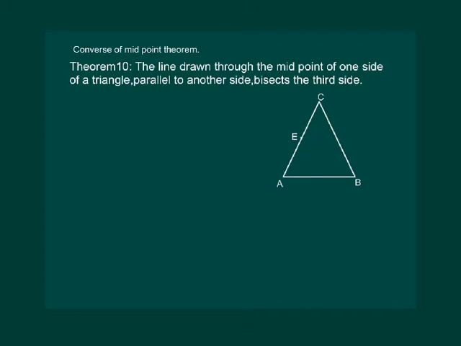That means that if we draw a line passing through point E and parallel to BC, it will bisect line AC. Therefore, the point of intersection, say F, is the midpoint of AC.